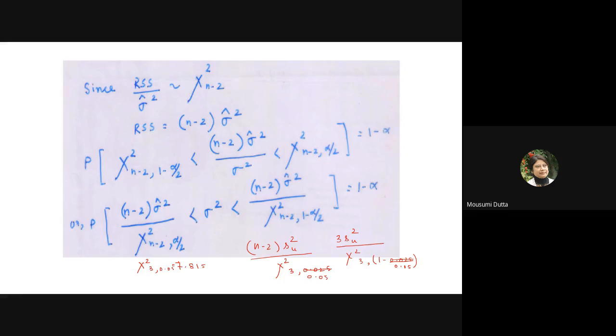And what will be the other one? What value I need to check? 1 minus 0.05 means 0.95. And what is the value, Shopnil?